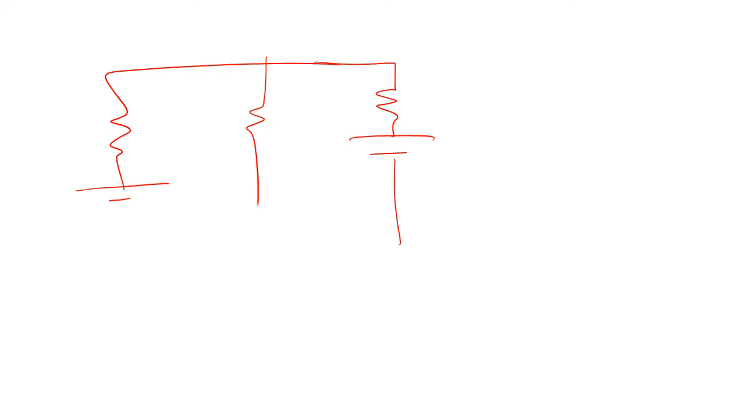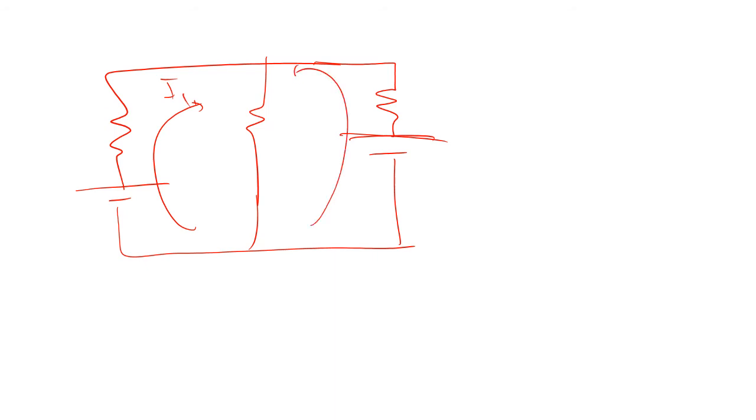Okay, what does that give me? That means that in my problem here, I said that was I1, I said that was I2, and I said that was I3. I got a negative I3. What does that mean?